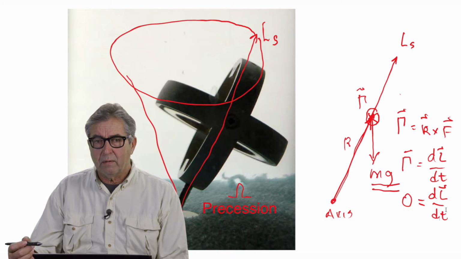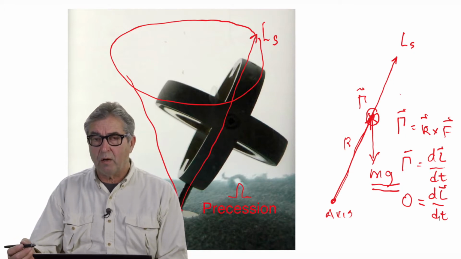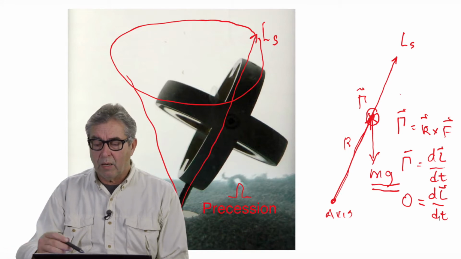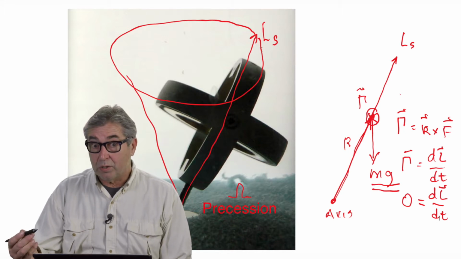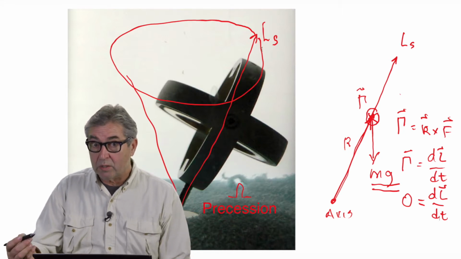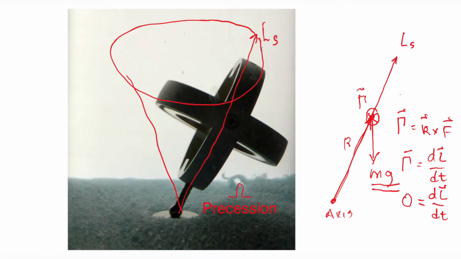But wait, this is in violation of the conservation of angular momentum. Some would argue that the angular momentum from spin is still present, although it is not changing anymore, so it is still conserved. But please note that the angular momentum from spin is not the only angular momentum vector present.